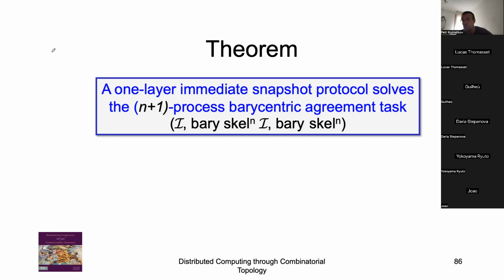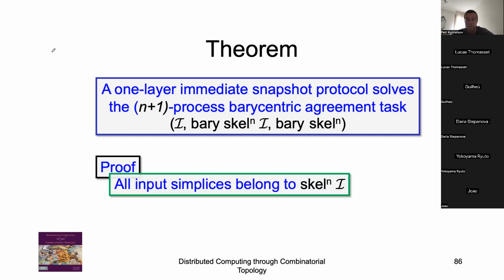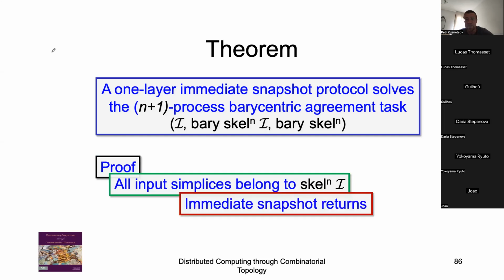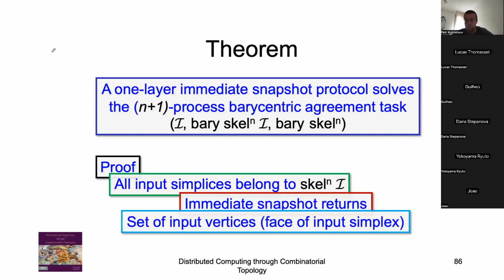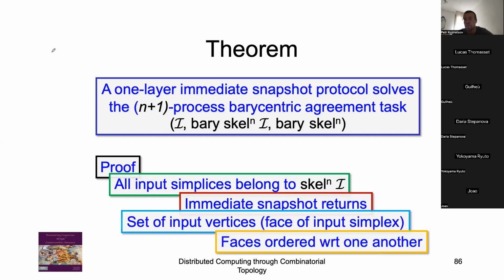So this is the task I want to solve, and the model of computation I use so far is the classical colored chromatic subdivision provided by the immediate snapshot. It's the first theorem. Basically, it says that I can approximate barycentric subdivision using it. All input simplices belong to the skeleton. Immediate snapshot returns a set of input vertices, a face of the input complex, and the faces are ordered with each other.